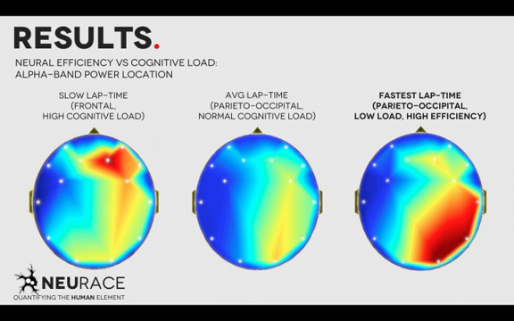As we can see, higher cognitive load is related to a more frontally loaded EEG power, whereas low cognitive load, high neural efficiency, is related to a more temporal, parietal, and occipital loaded alpha band power.